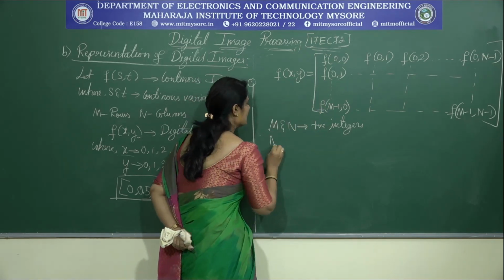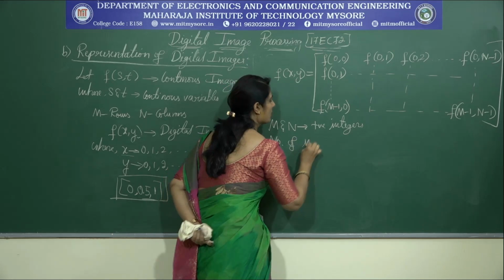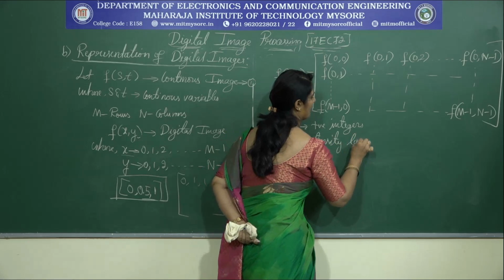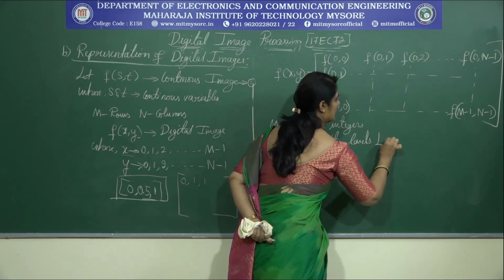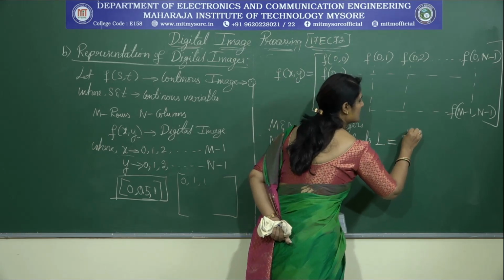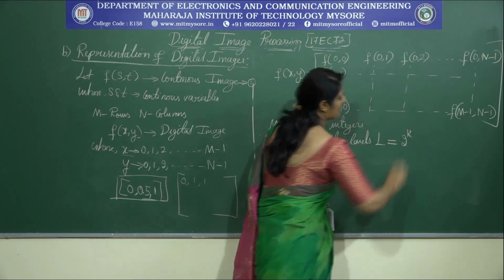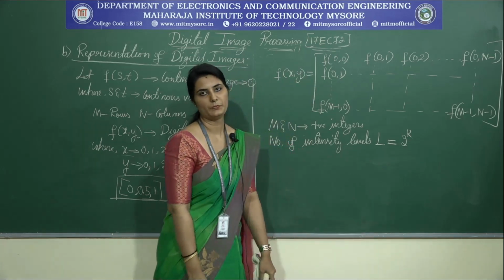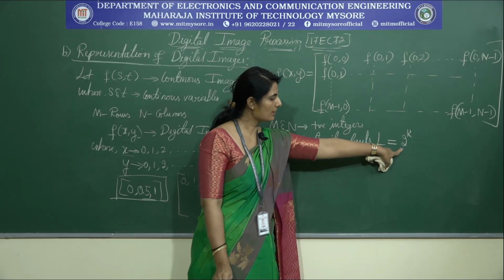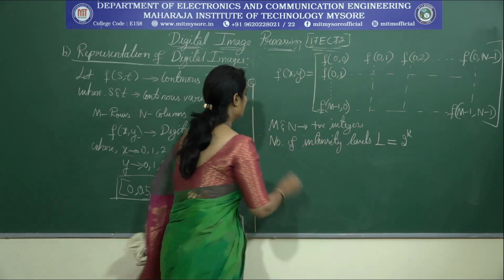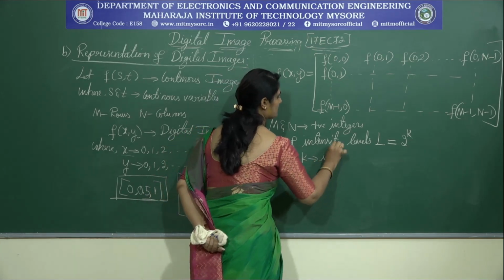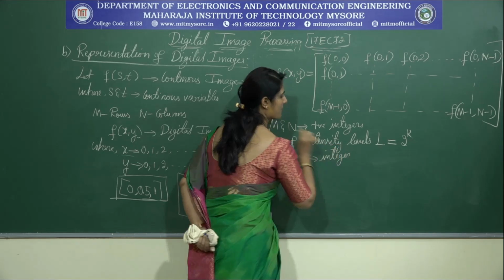The number of intensity levels is represented as L, which is always equal to an integer power of 2, that is L = 2 to the power k, where k is a positive integer.